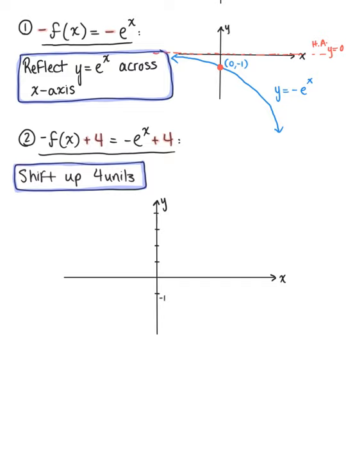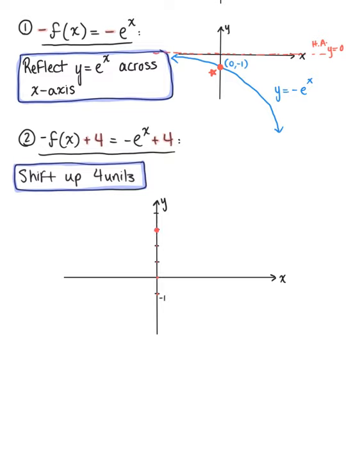So with that in mind, again, we are going to start by thinking about the y-intercept. So down on our new coordinate plane, here's where that original y-intercept would be. And we want to take this now and shift it up 4 units. So we have 1, 2, 3, 4.